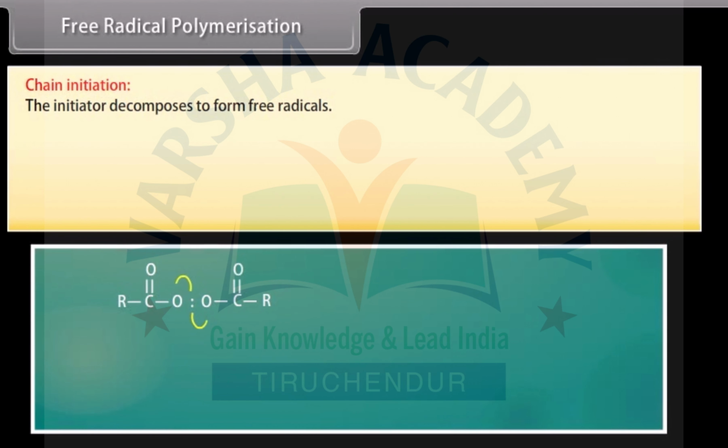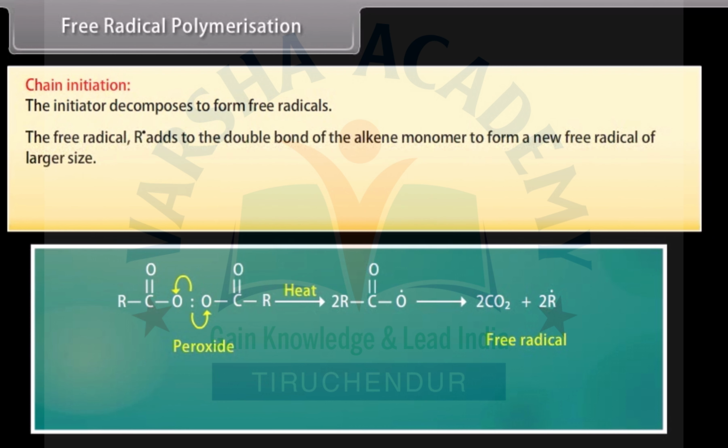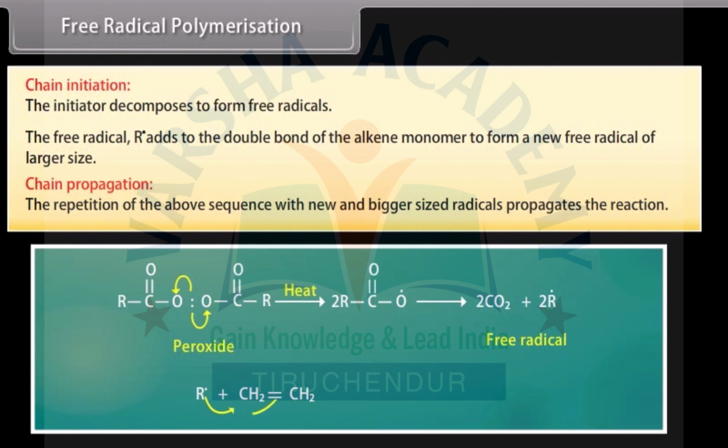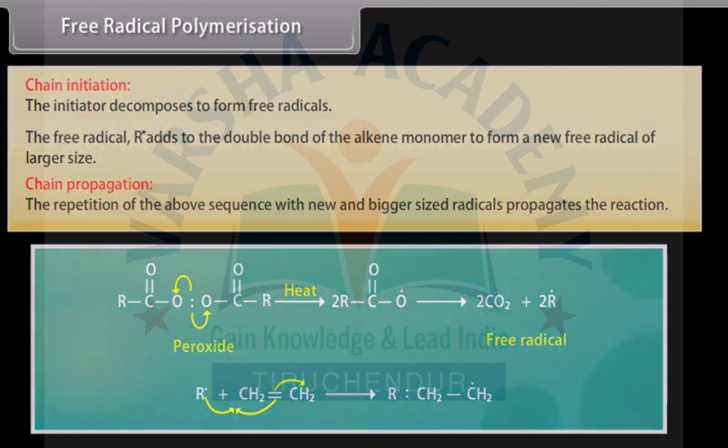Chain initiation. The initiator decomposes to form free radicals. The free radical R• adds to the double bond of the alkene monomer to form a new free radical of larger size. Chain propagation. The repetition of the above sequence with new and bigger sized radicals propagates the reaction.